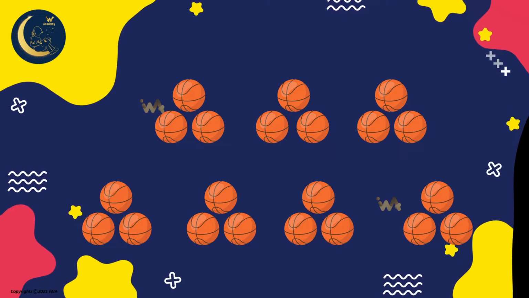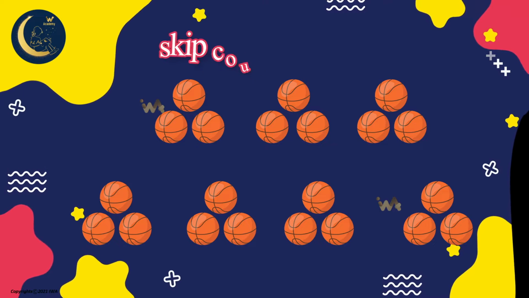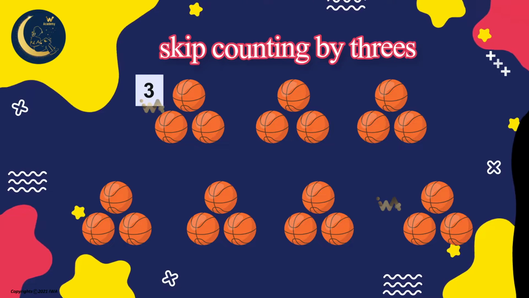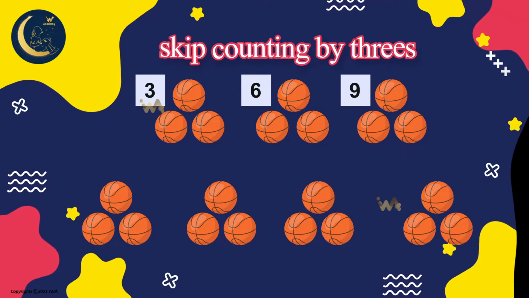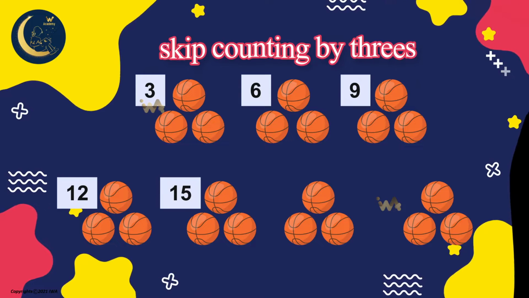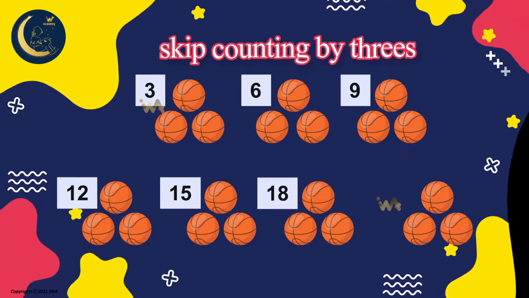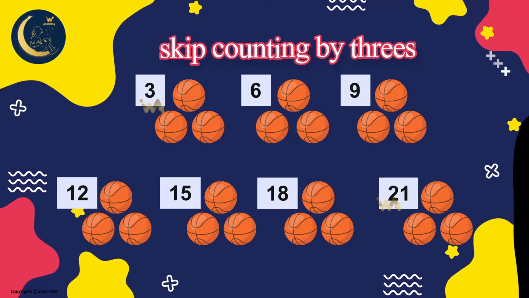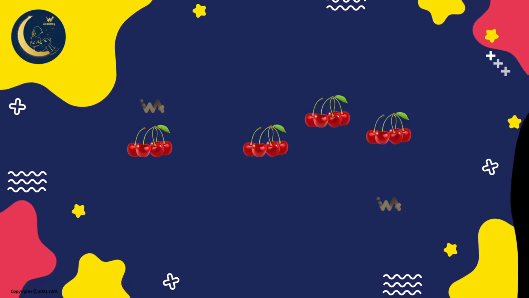So what do we do? Skip counting by threes. Well done. Let's count together. 3, 6, 9, 12, 15, 18, and 21. We have 21 balls.